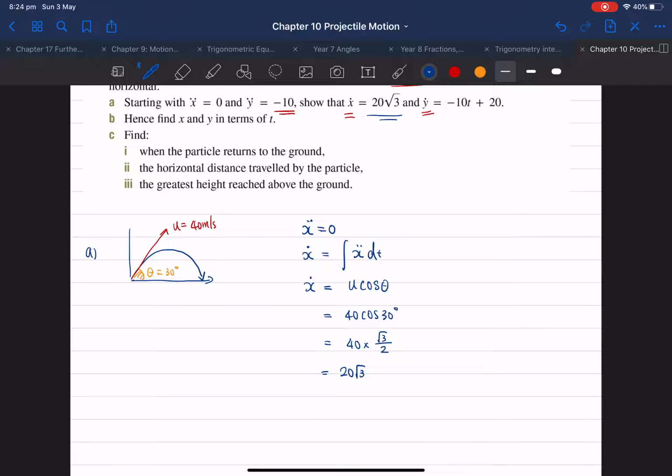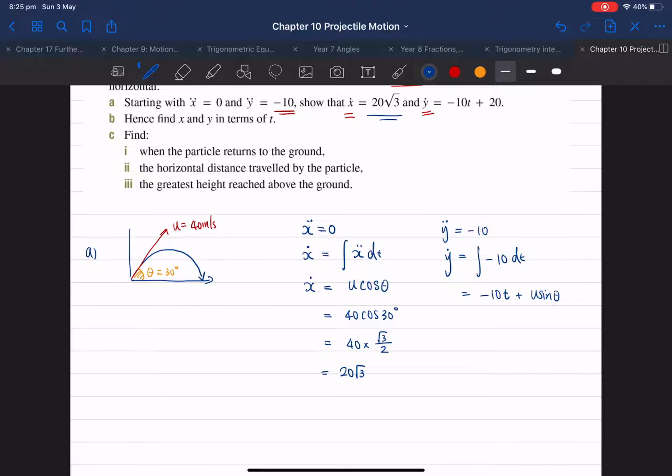All right, so then we can move on to the y double dot. Y double dot is negative g, but this time it's negative 10. And then if we integrate that, y dot is the integral of negative 10 dt. That gives you minus 10t plus c. And this time, the c is u sine theta, the initial vertical velocity.